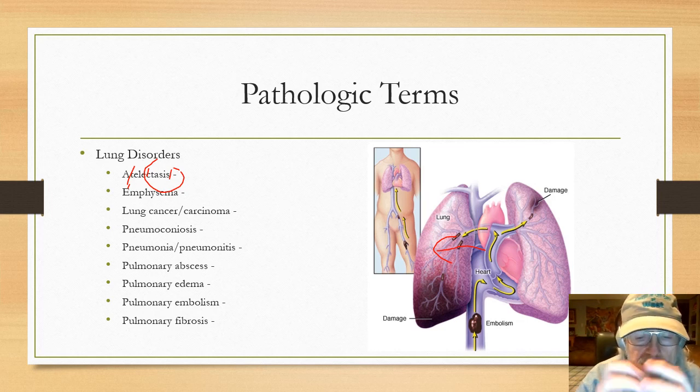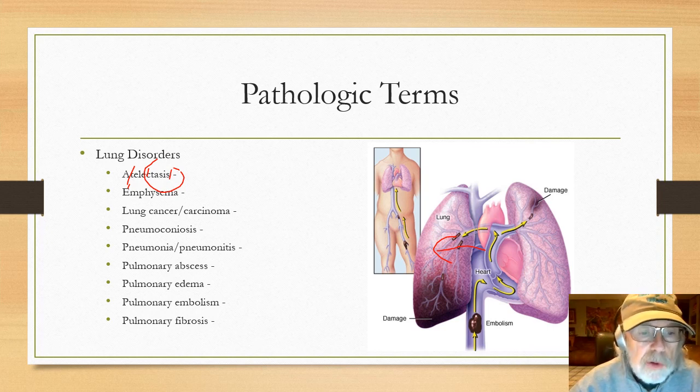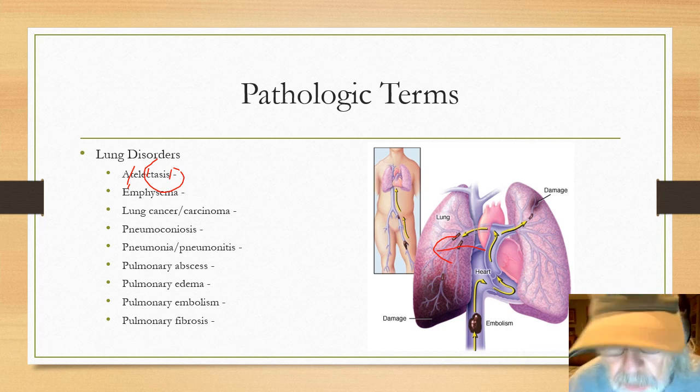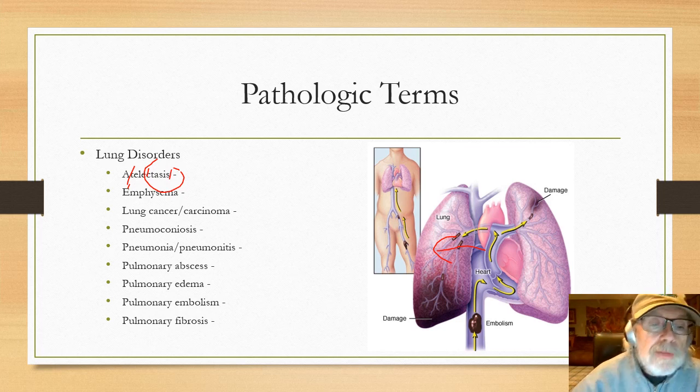As a result, instead of small little air sacs where we have gas exchange, I now have larger blebs or larger bubbles, and guess what they do? Nothing, so it doesn't help a whole lot. Again, once the lung is gone, it's gone. There's no coming back.